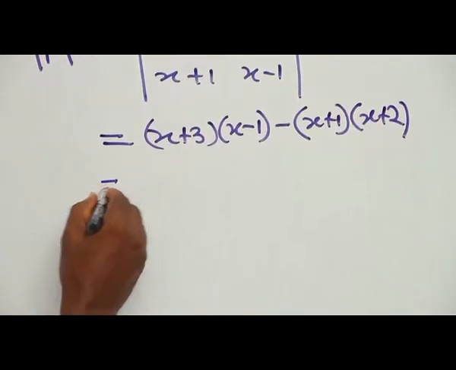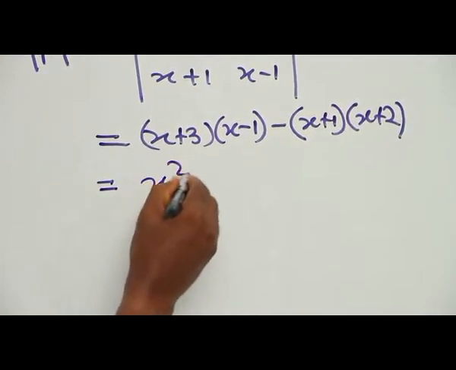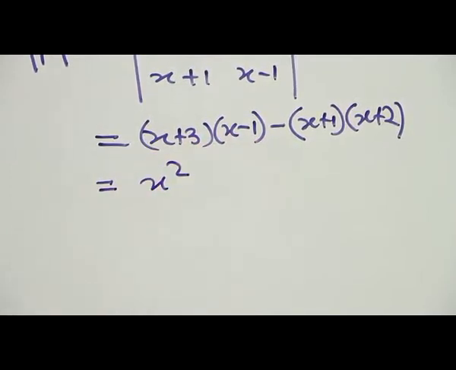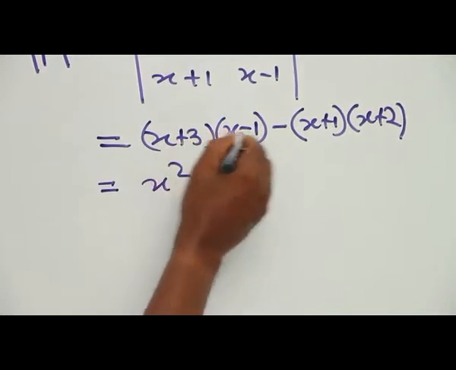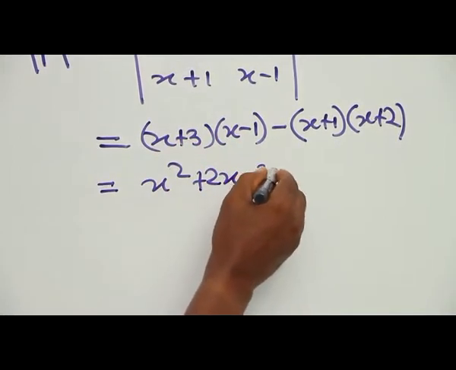Open the brackets. This will give you S squared minus S plus 3S will give you plus 2S. 3 times minus 1 is minus 3.